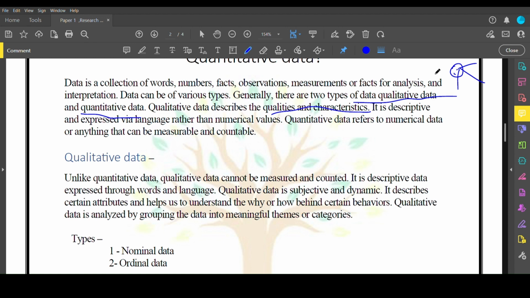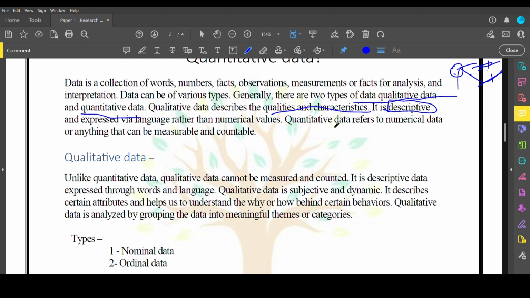There is nothing that comes before or after, no series, no chronology, just the characteristic and quality. Qualitative data is descriptive. It tells about description, like an apple is green.